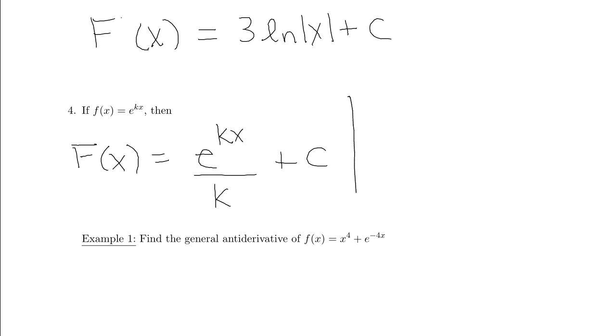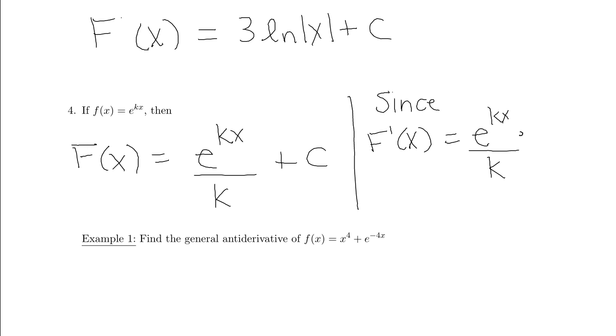So let's actually just try to prove our answer here. Let's take the derivative of capital F of x the way that we've written it. So capital F prime of x would equal, well, if I ask you to find the derivative of e to the kx divided by k, and remember k is just some number, you'd say, okay, well, the derivative of e to the power of anything is just itself, so it's going to be e to the kx over k.